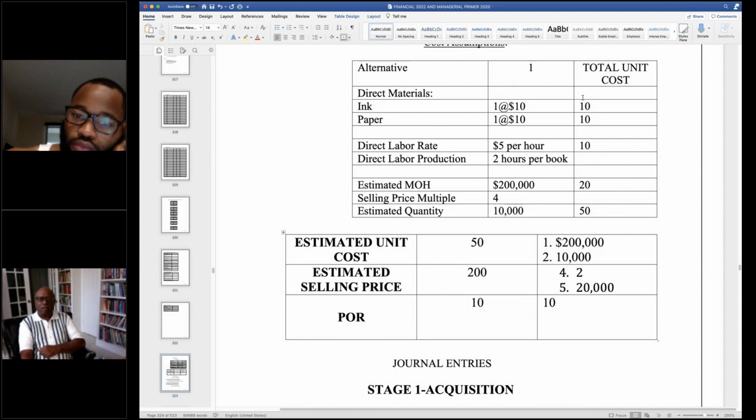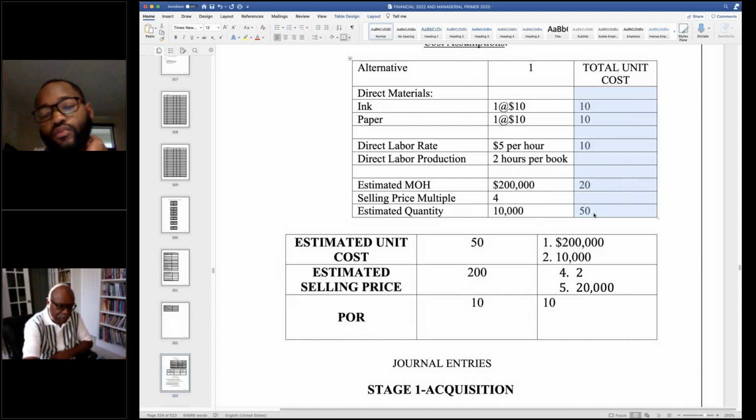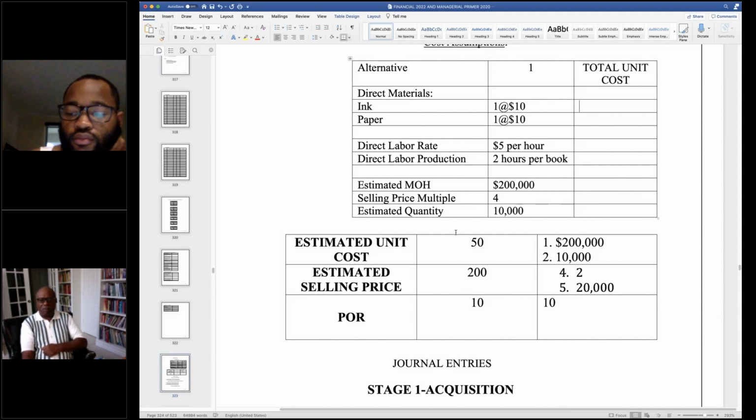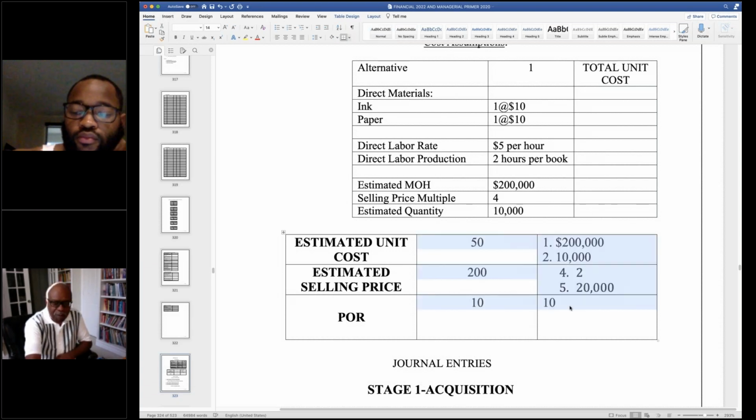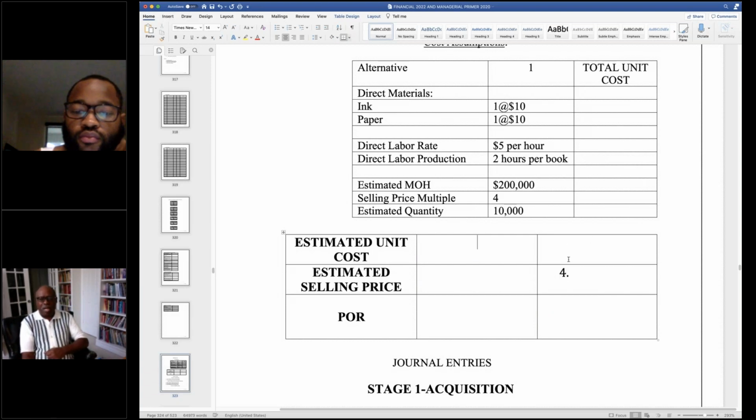Okay, so let's do the whole thing one more time. First thing we want to do is get the unit cost. Our ink is 1 at $10.